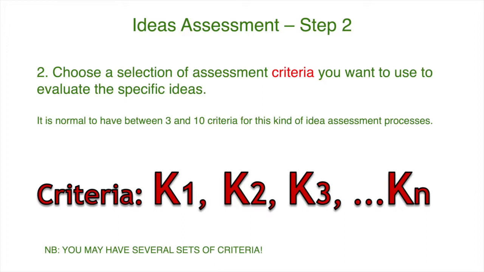And what is interesting here is that we can have several sets of criteria. So having the first set means that we can deploy the whole assessment process, and after that we can start up again using another set of criteria.